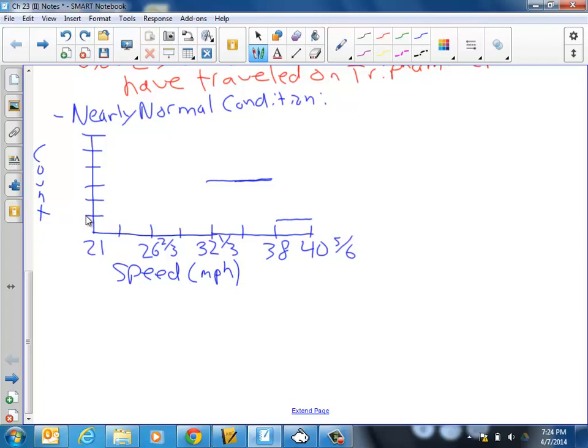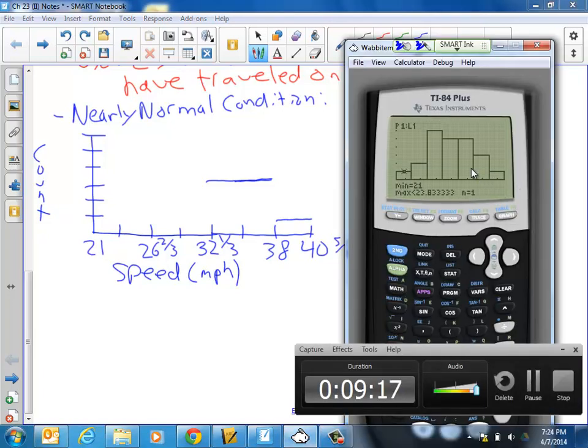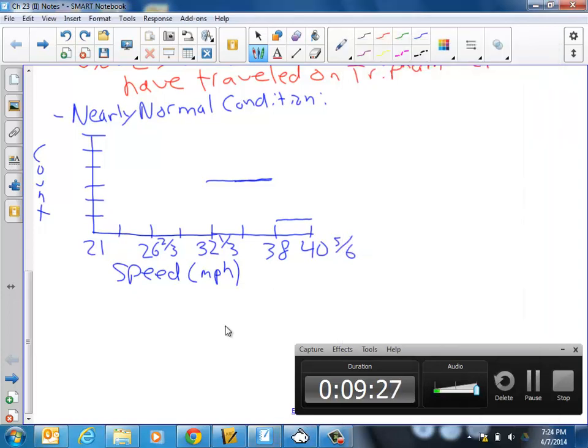Let's see, did I make enough? I thought I did. Okay, so we go to 1. Oh, I skipped the 3, didn't I? There was just 1, 3, and then 5, 5.